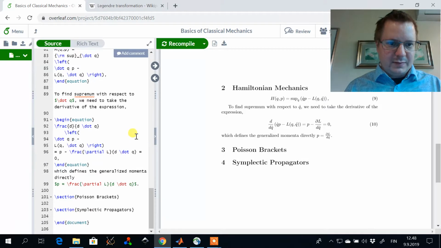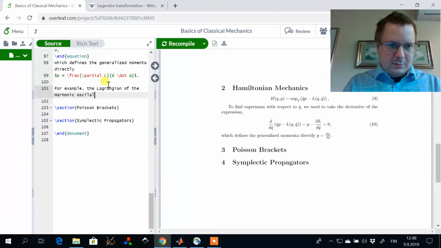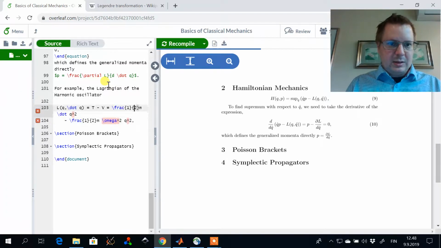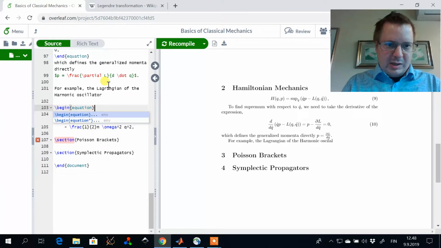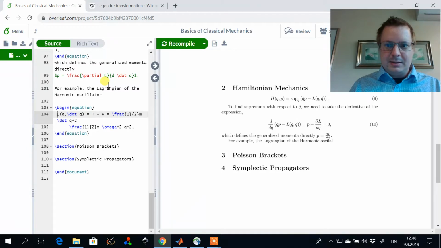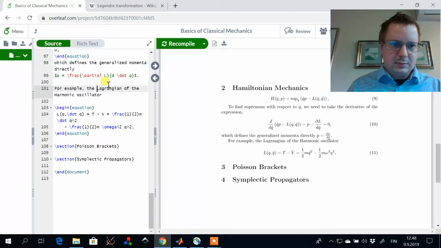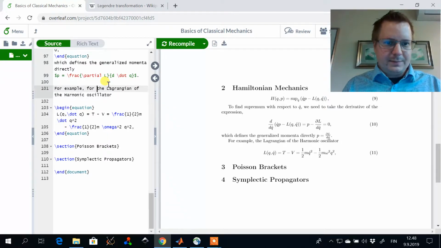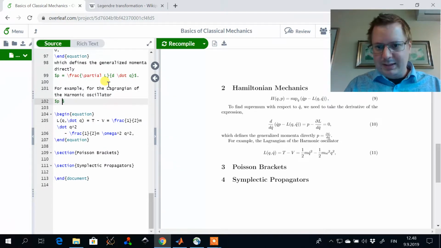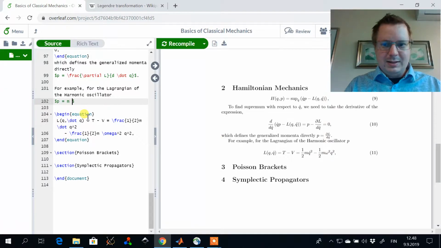So we can now, for example, take the Lagrangian of the harmonic oscillator. First we can calculate p with respect to that. So we take the partial derivative with respect to q dot, and we get p equals m dot q.